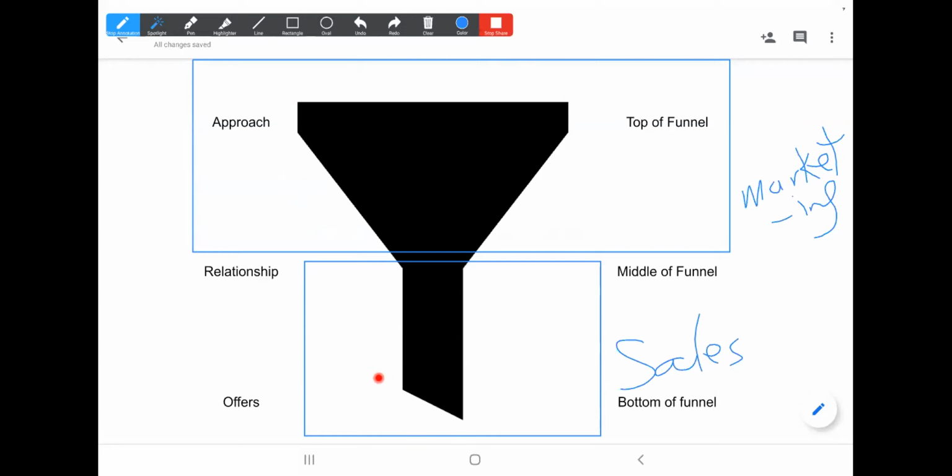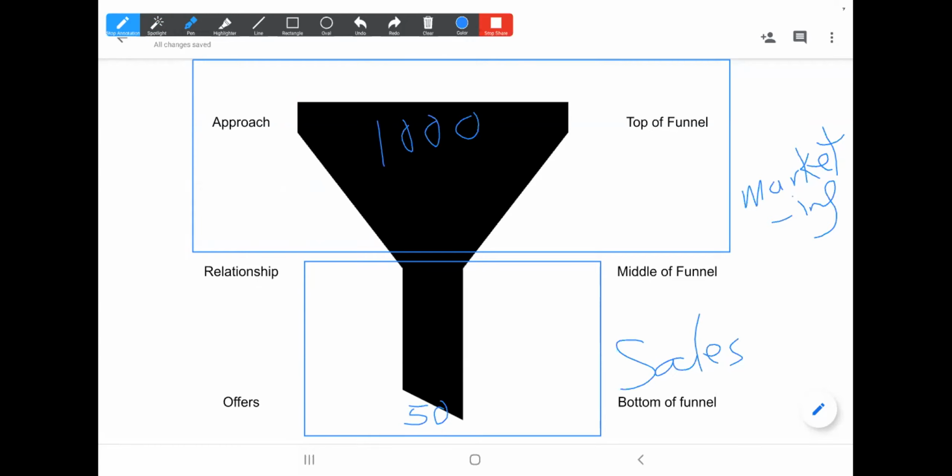So let me give you an example. I'll do an annotation again. Let's say at the top here, you have 1,000 people that you have reached out to, and you are building relationship with all of them. Here at the bottom, you may end up having 50.